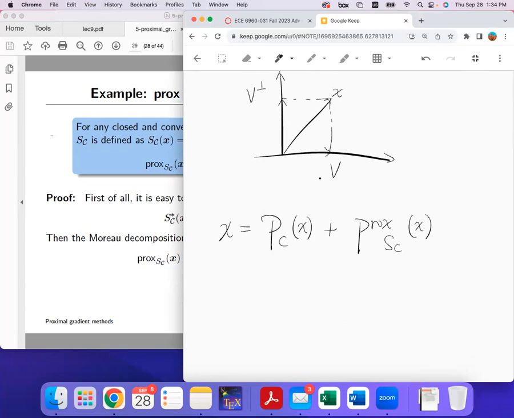In this orthogonal decomposition, the convex set C is maybe a linear subspace, and then the proximal operator associated with the support function would be the projection onto the orthogonal complement.